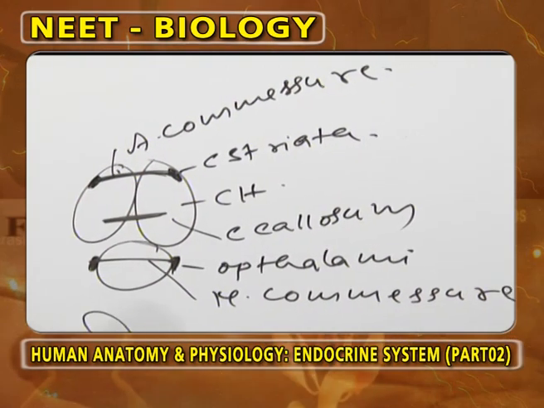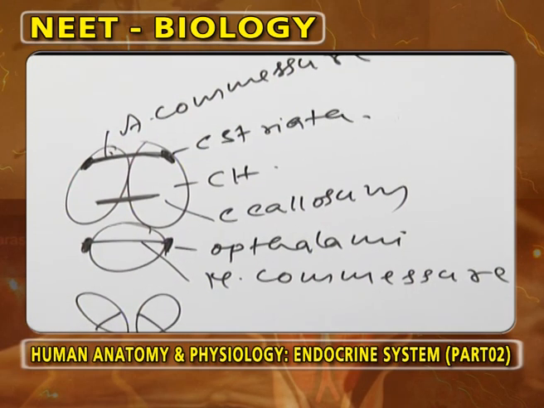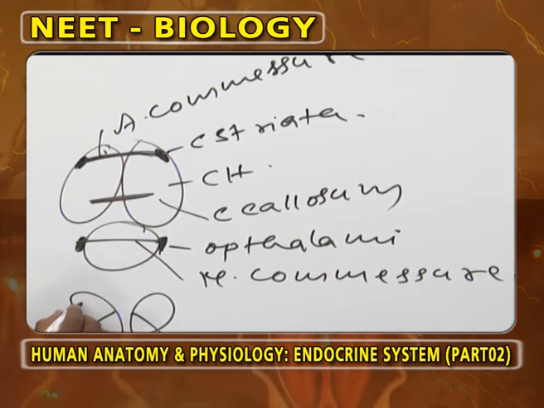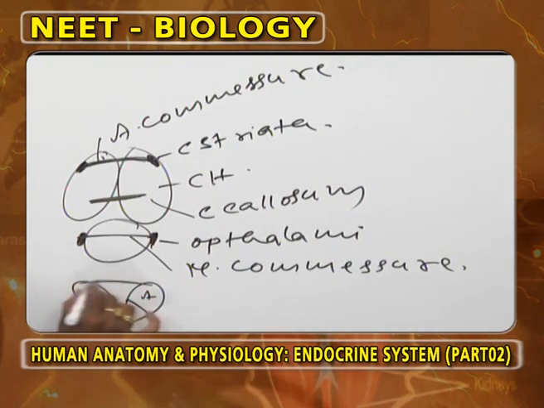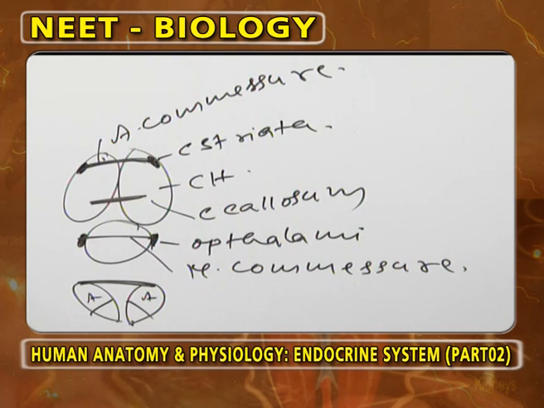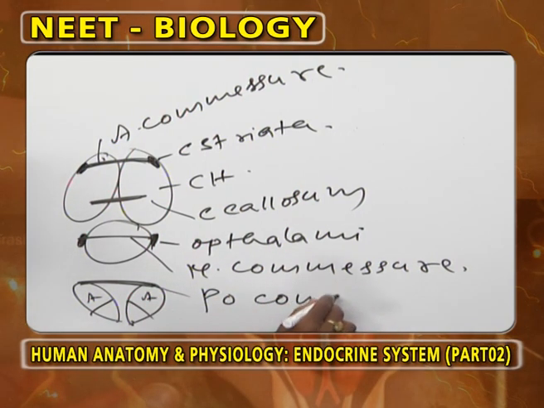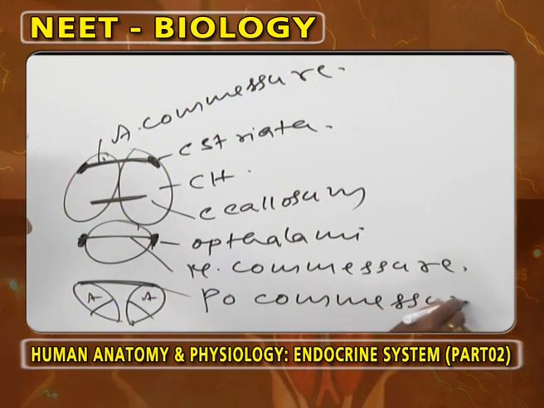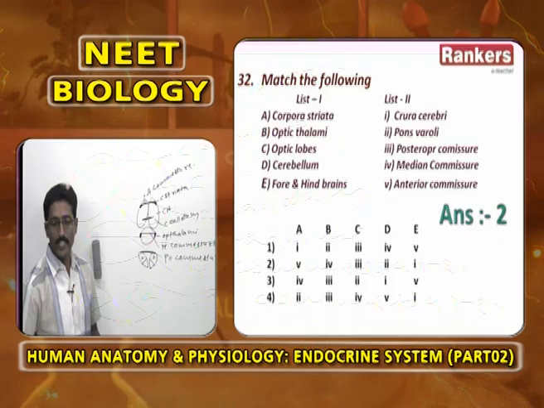And these are called the optic lobes. Now you observe how many optic lobes? 4 optic lobes. Now these are called anterior optic lobes. The anterior optic lobes are connected by what type of commissure? The posterior commissure.